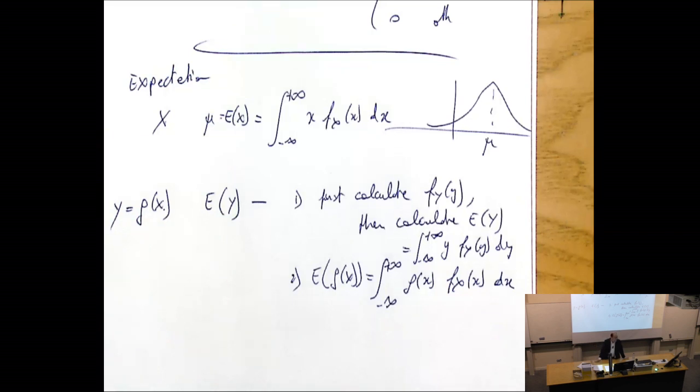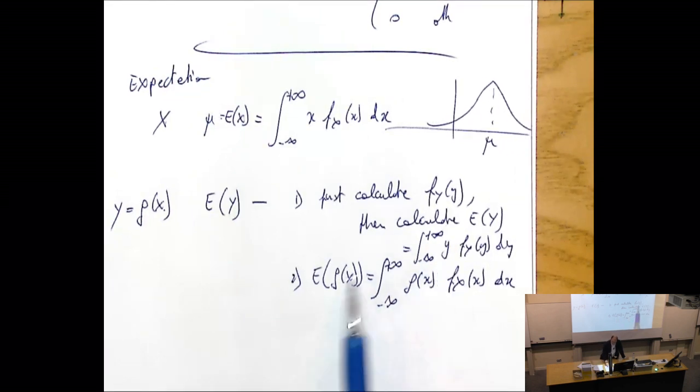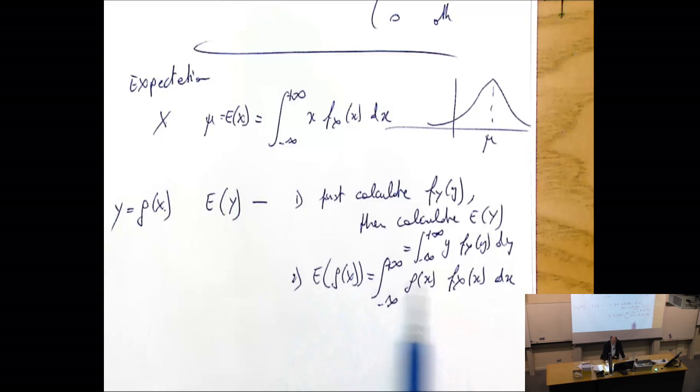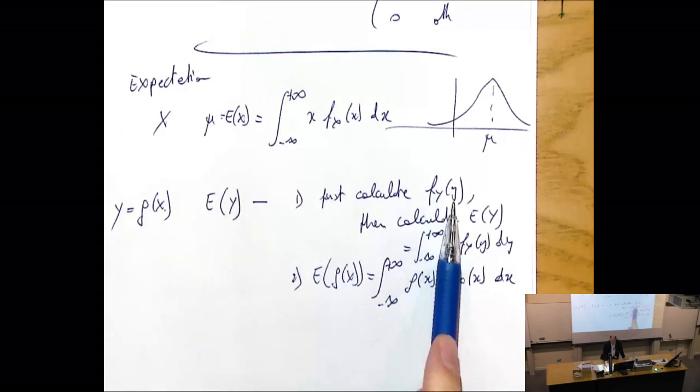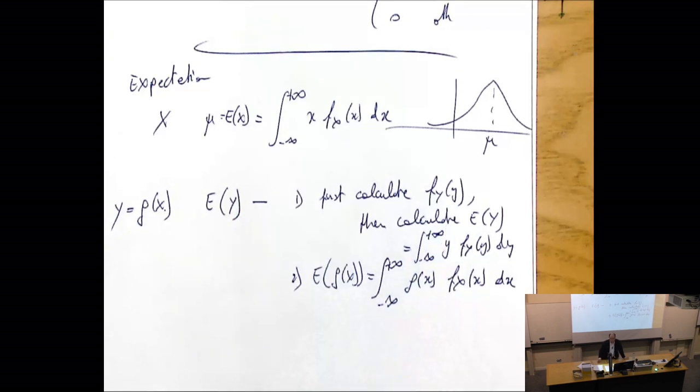But you could also compute the expectation of a certain function directly, without having to compute the PDF of g(x). Sometimes it's much easier. If you're only interested in the expectation, it's easier to compute this directly rather than first going through the PDF of y and then computing the expectation. So those are two different methods that you can use.